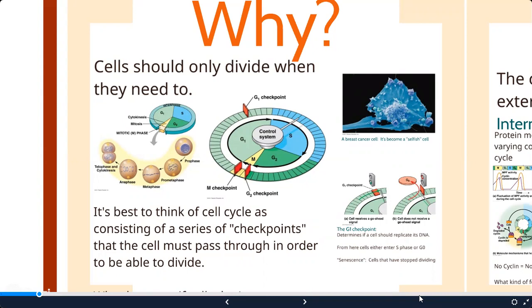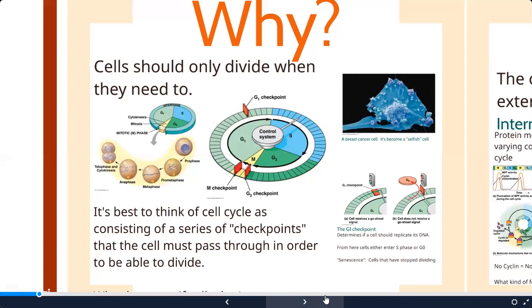There's also cell division that occurs for wound repair or disease repair. If you get a cut or an injury, or if you've been sick and you've had strep throat and streptococcus bacteria have literally been eating away at the cells lining your throat, then you need to replace those cells. Those are all reasons why cells would divide.